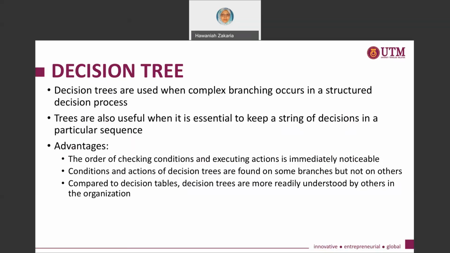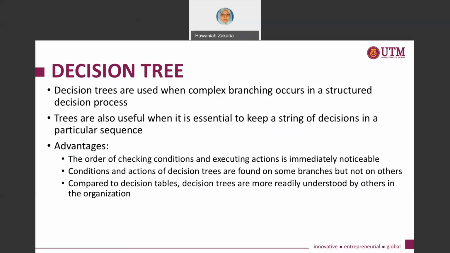So we represent it using a tree, a decision tree. Trees are useful when it is essential to keep a string of decisions in a particular sequence. This is one important point of when you use a decision tree.